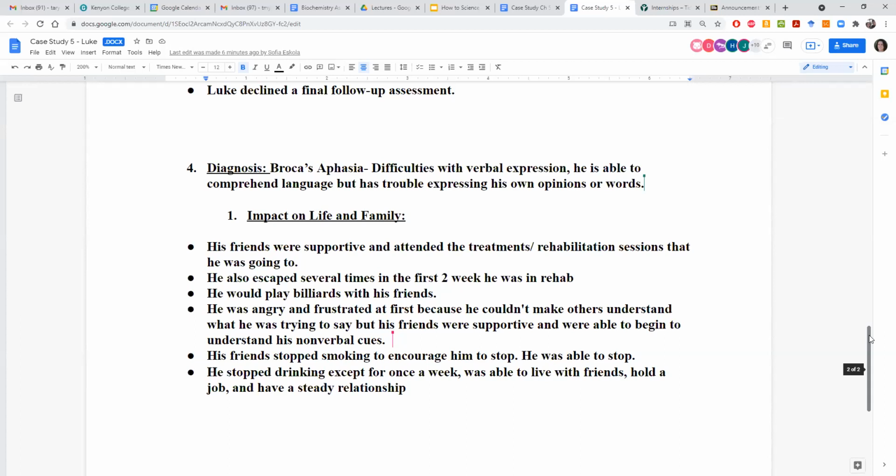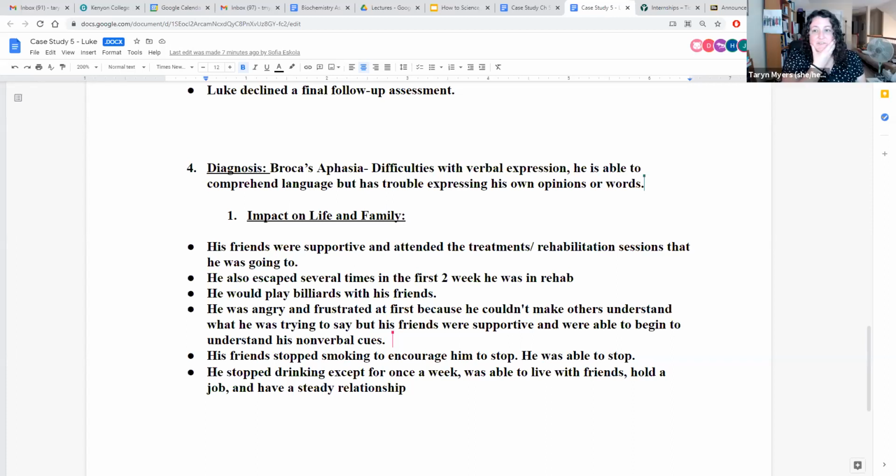So they also stopped smoking. Luke himself stopped drinking except for like once a week. He was able to live with his friends, hold a job, and have a steady relationship. At first, he was angry and frustrated because others couldn't understand him, but his friends, again, being very supportive, were able to begin to understand him and his nonverbal cues. And they mentioned that he liked to play billiards with his friends.